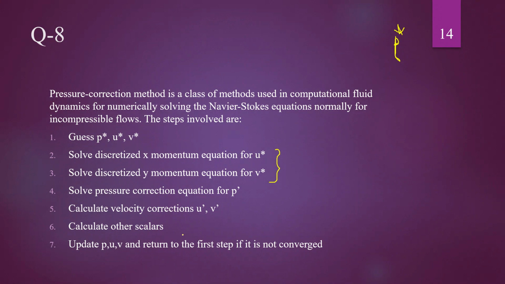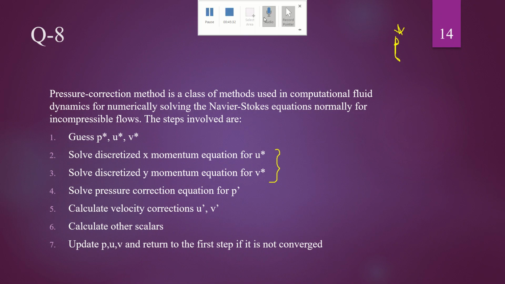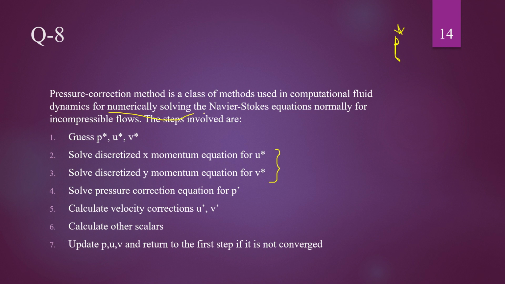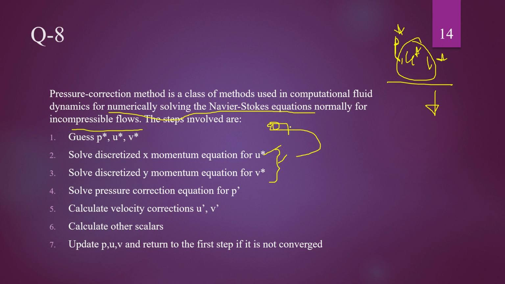So pressure correction is a class of methods used in computational fluid dynamics for numerically solving the Navier-Stokes equations, normally for incompressible flows. The steps involved would be: we generally guess P star, U star and V star as initial guess values, and from these the discretized x momentum and y momentum equations would be solved for U star and V star, without solving the continuity equation.